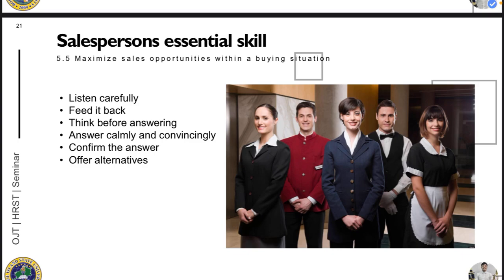If the cost is a problem, offer a lower cost product. So you need to have an alternative depending on their problem. For example, if they have a problem concerning the color, you will offer different kinds of color. If the size, you will offer different sizes.